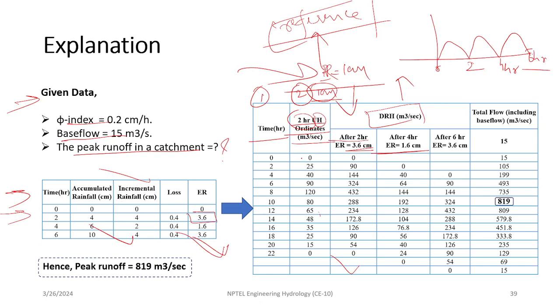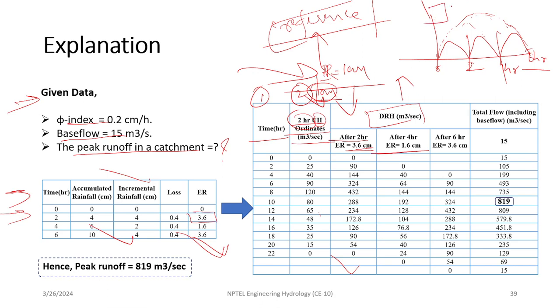Are you able to see that whatever the data it has been given, it is not individually for 2 to 4 hours. It is for the entire cumulative value we are getting, for 1 centimeter. You can imagine this entire plot, this is your entire data given in the second column.